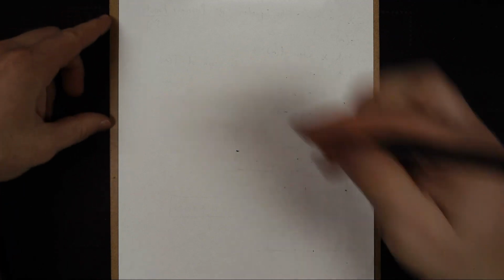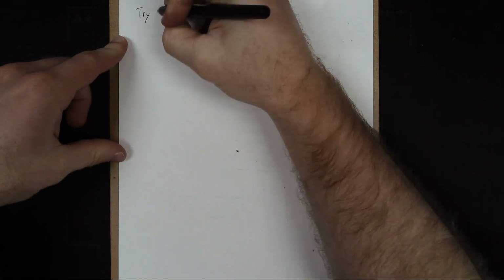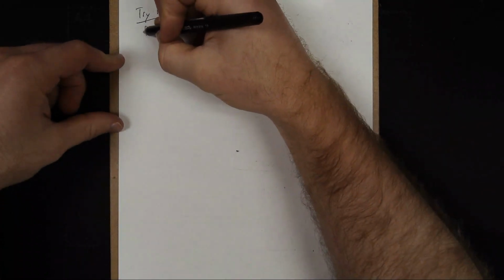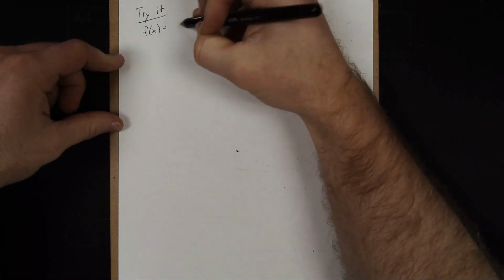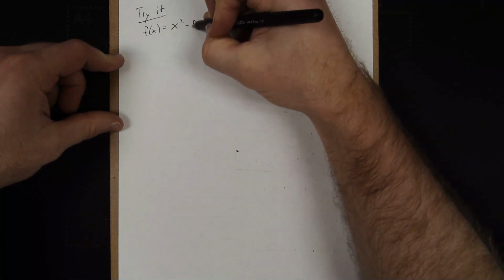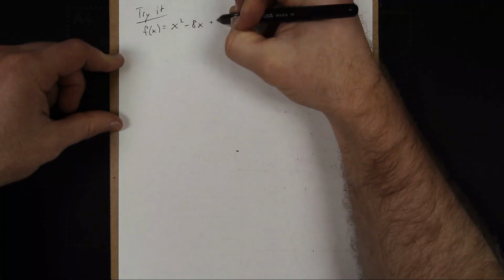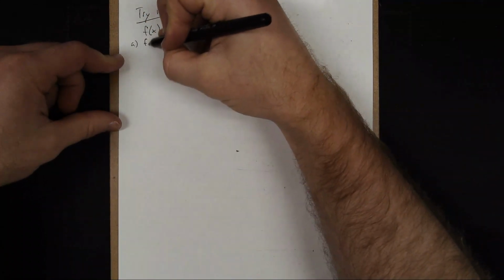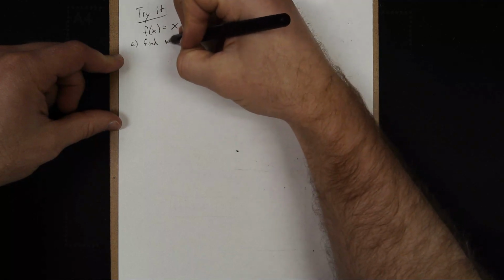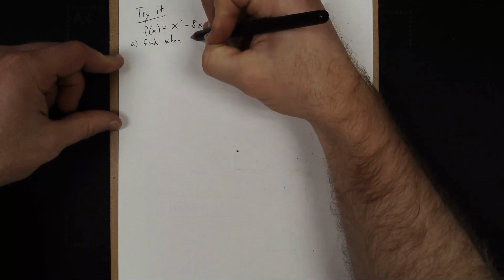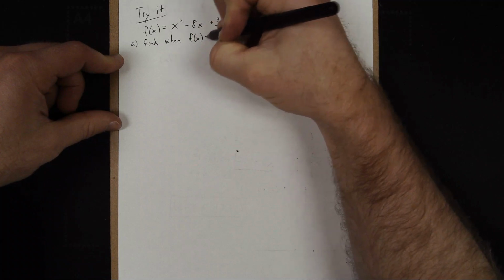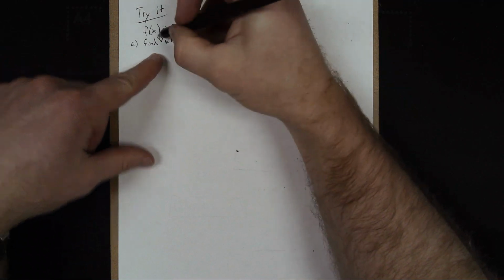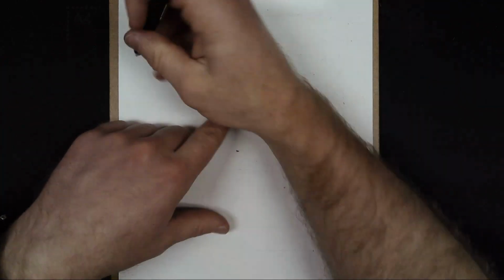Okay, if you're here from the last video, why don't you go ahead and give this problem a shot. So try this out. f of x is equal to x squared minus 8x plus 3. For A, find x when f of x is equal to negative 4.